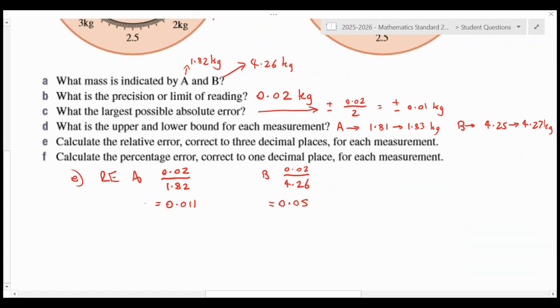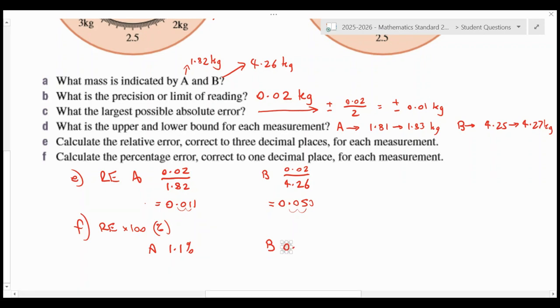So that's question E. Question F, we're looking for the percentage. So all we do is we take our relative error and multiply it by 100, and that'll give us our percentage. We end up with A being, moving the decimal place twice, 1.1%. And for B, I should have done 3 decimal places, sorry.